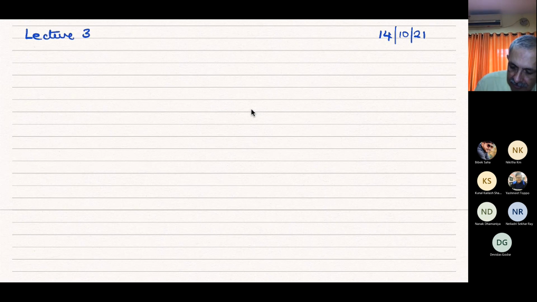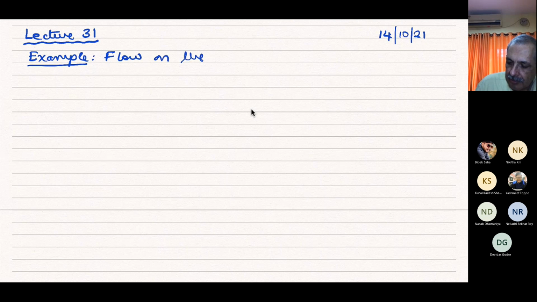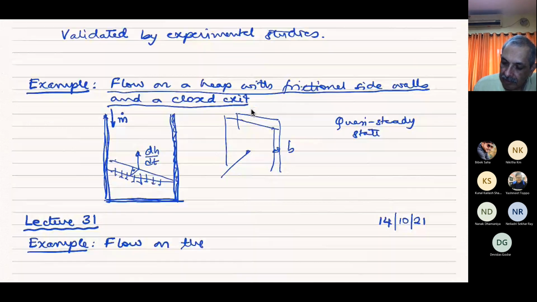Lecture 31. Okay. So what we want to look at is an example. Flow on the, we'll copy this one.